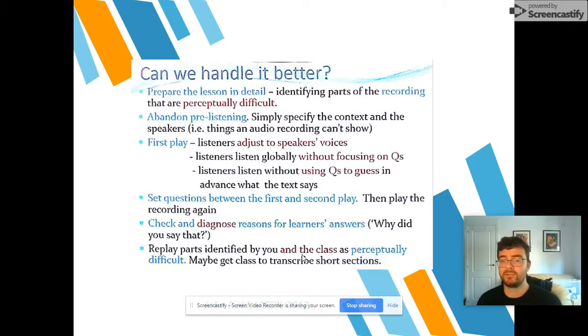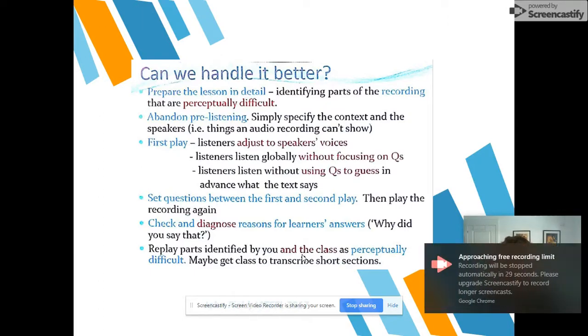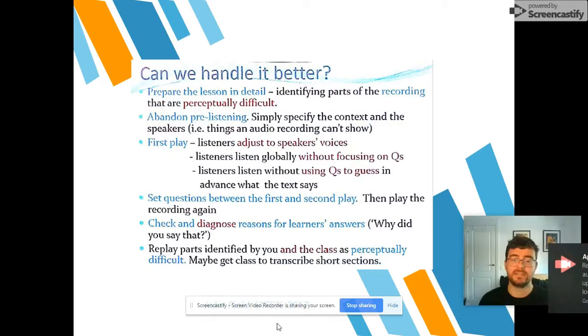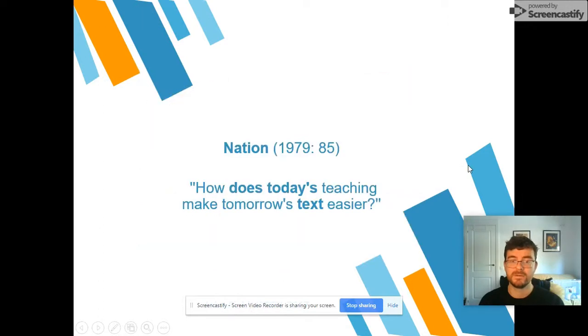Maybe get the class to transcribe short sections. I think this is terrifically useful. Don't overload them. Choose a really short section, maybe 20 seconds, and say, okay, what exactly did they say? Not the overall meaning, but what exactly did they say, the exact words. Try and get them to note down all those function words that they find so hard to perceive.